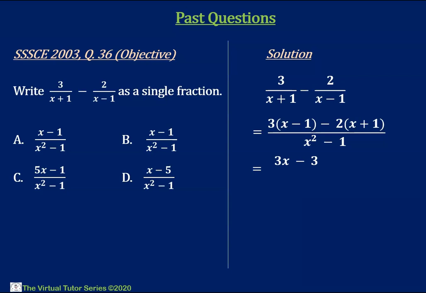Also, negative 2 times x is negative 2x, and negative 2 times 1 is negative 2. So the second group expands into minus 2x minus 2 all over x squared minus 1.